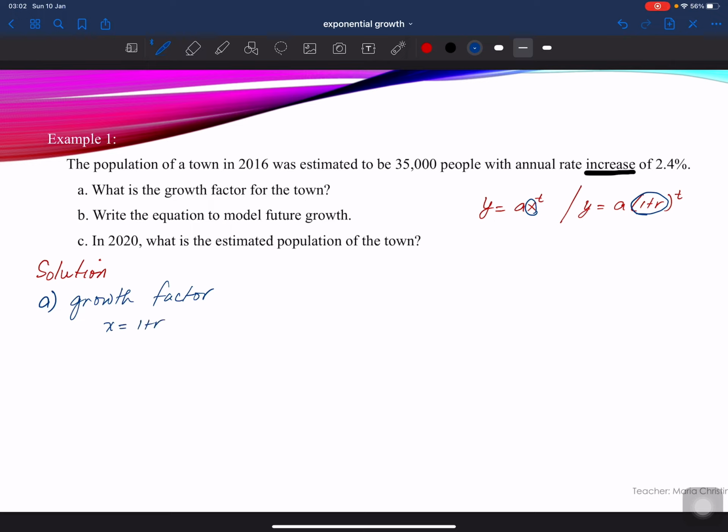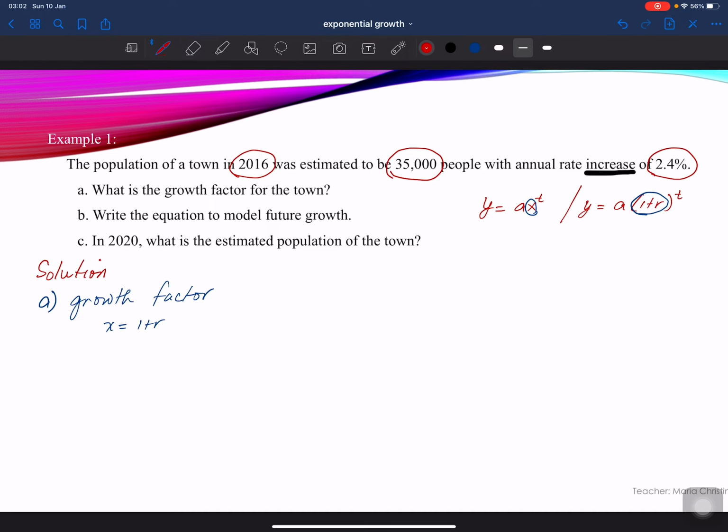And let's go back to our problem. You have 2.4. You have this 35,000. And of course the year 2016, that is where your initial population is 35,000.